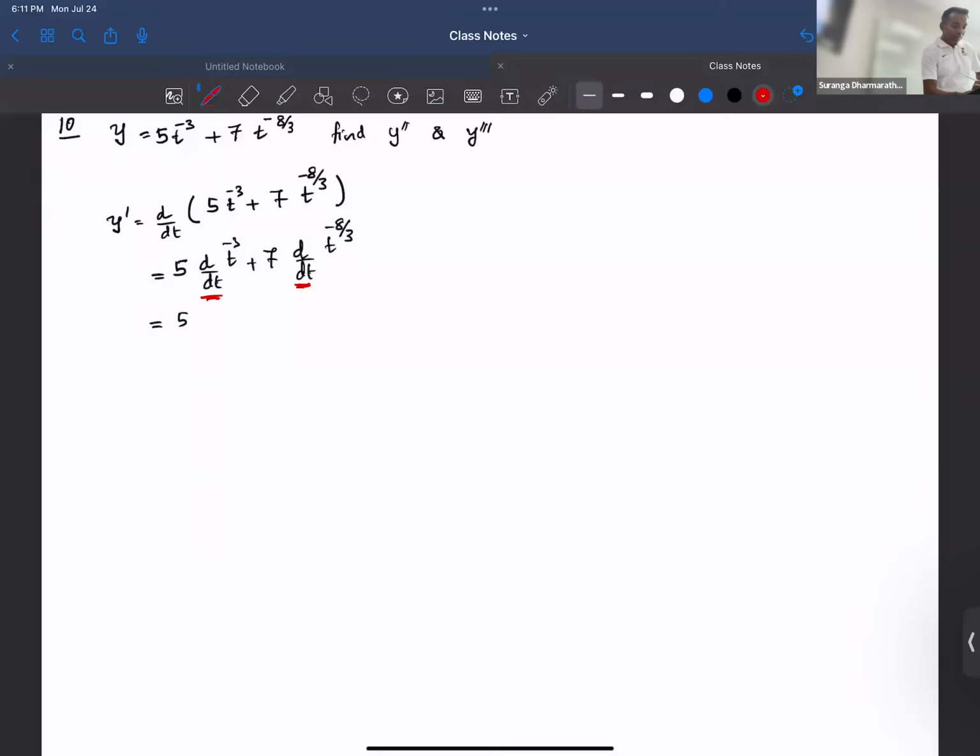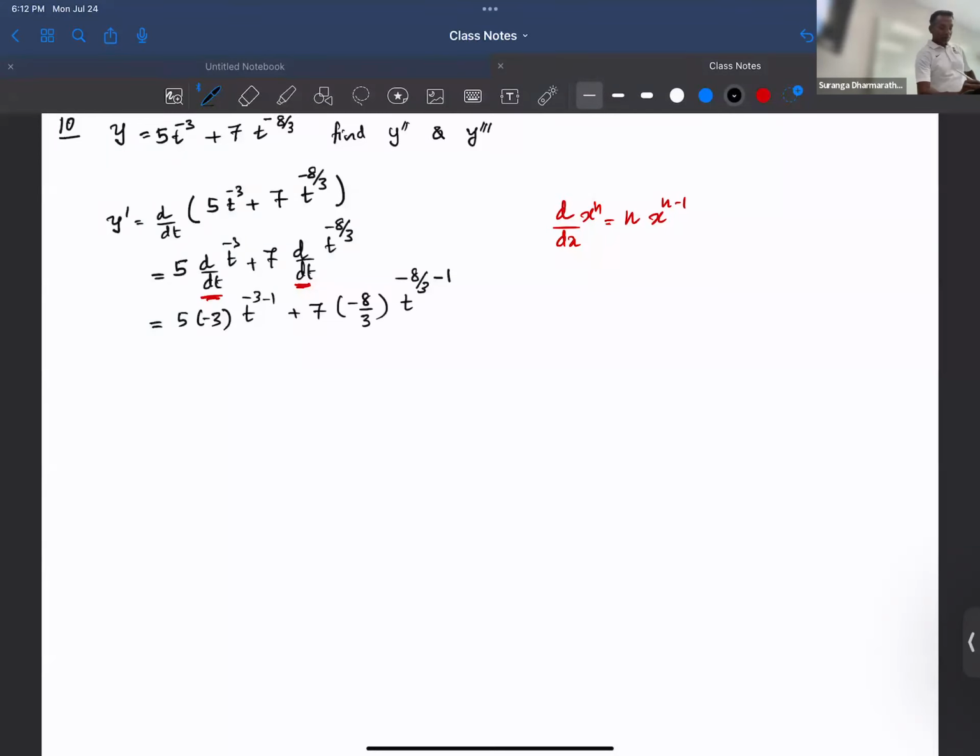So we have d over dx x to the power n is equal to n times x to the power n minus 1. We can write it the same way: -3 t to the power -3 minus 1, plus 7 times -8/3 t to the power -8/3 minus 1.